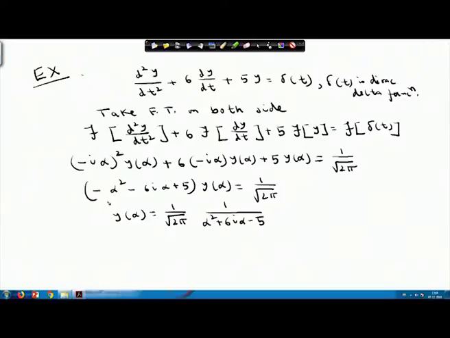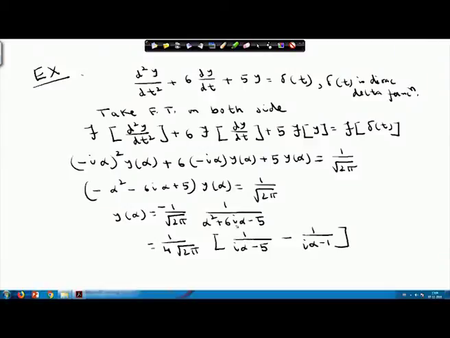And if I break this, ultimately I will obtain 1 by 4 into root over 2 by pi into 1 by I alpha minus 5 minus 1 by I alpha minus 1.